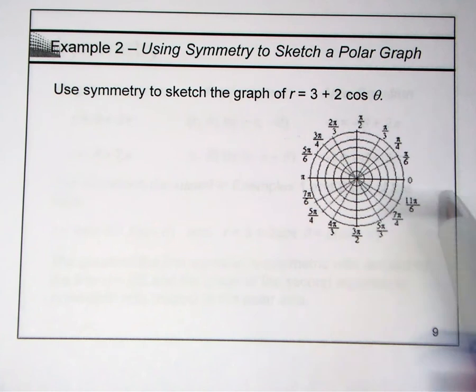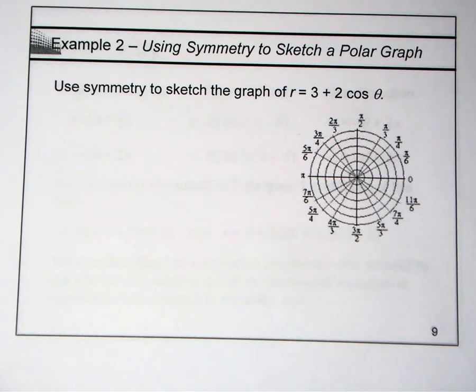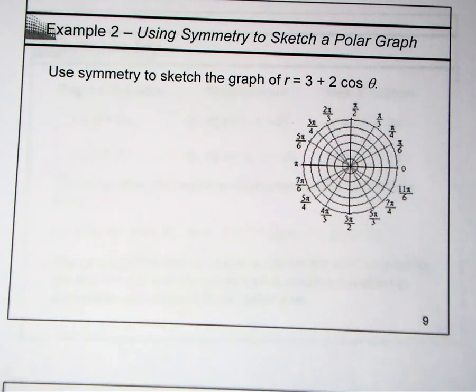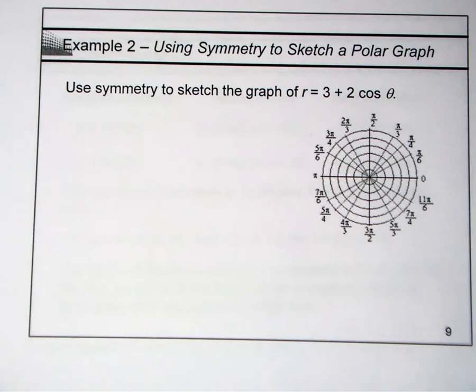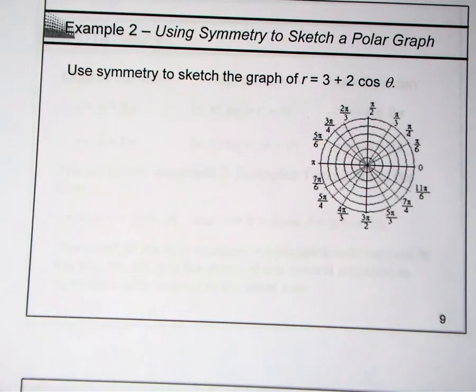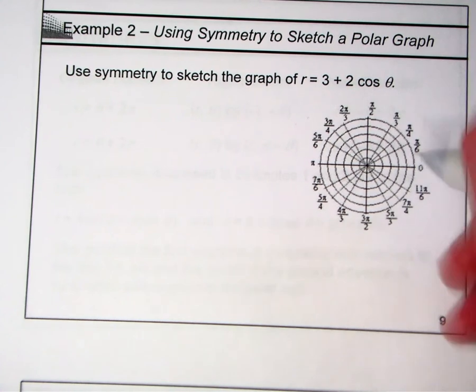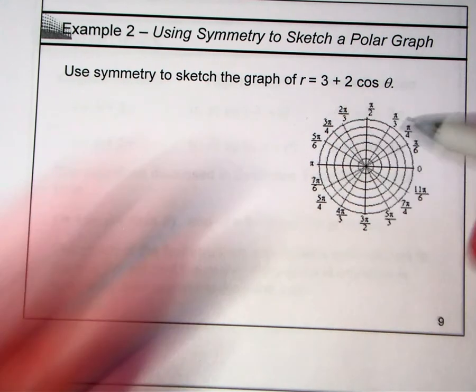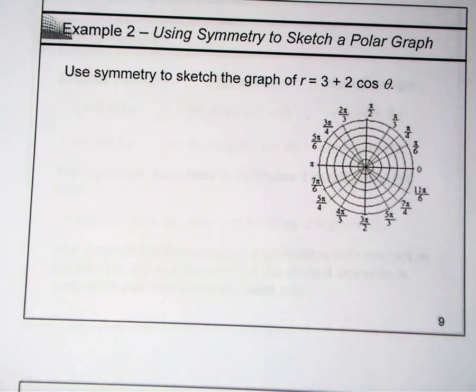Cosine would normally deal with the x-axis, so it's going to be symmetric then with the polar axis on this one. And I think that's about it. I don't have any super shortcuts for rotational symmetry for you. Okay? So we know from cosine, I'm telling you it's going to be symmetric over the polar axis, so we really only need to go 0 to pi, and then we can kind of flip things over.